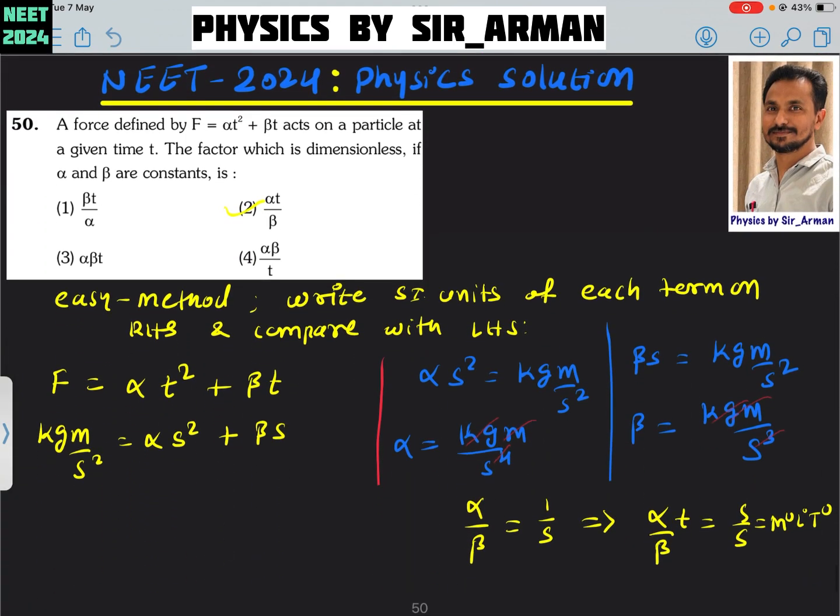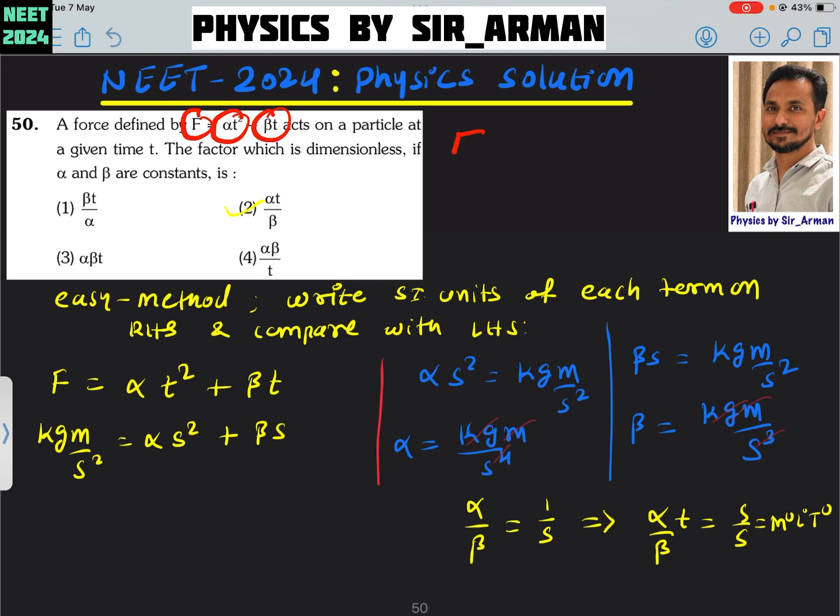Question number 50. A force defined by F equals alpha t square plus beta t acts on a particle at a given time. The factor which is dimensionless, if alpha and beta are constants. So I have used an easy method, I have placed all the units. We know from the principle of homogeneity that all the terms here have the same dimension as force.